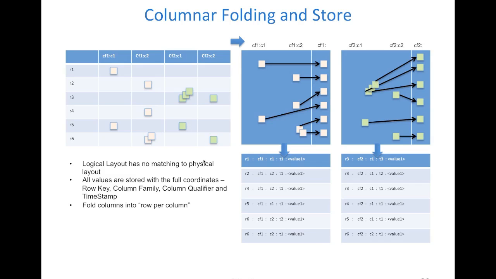So while the logical layout has no matching to the physical layout, when the values are stored, the row key, the column family, the column qualifier, and the timestamp are all part of the definition of that cell. So each of these can identify themselves, and that is how they can scale out pretty easily, because each of these cells exactly knows who it is.